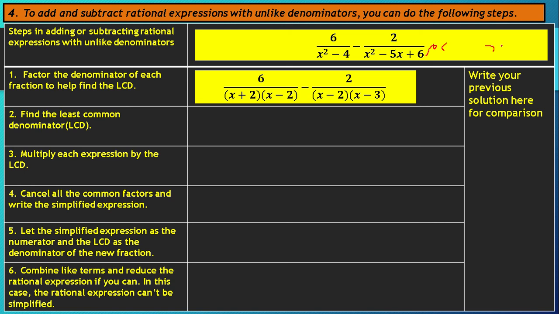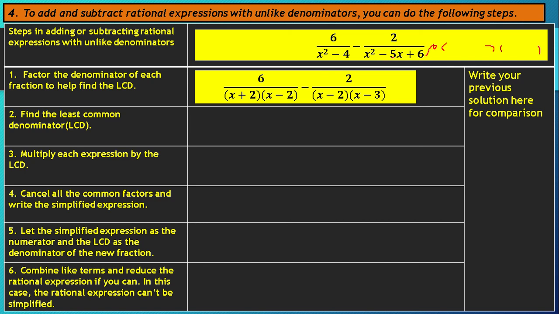Ang i-consider natin dito ay itong last term muna, itong 6. So ngayon mag-iisip tayo ng factors ng 6 na kapag pinag-multiply natin, makukuha ay positive 6. Pero kapag pinag-add natin, ang makukuha ay yung coefficient ng middle term which is negative 5.